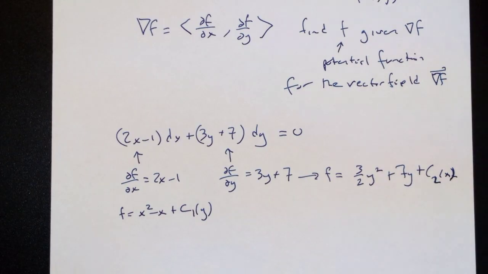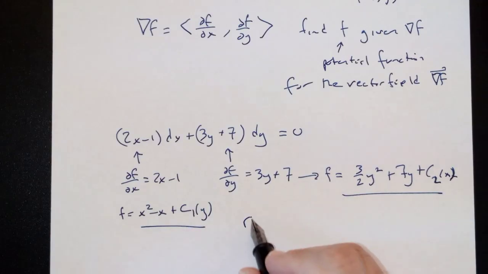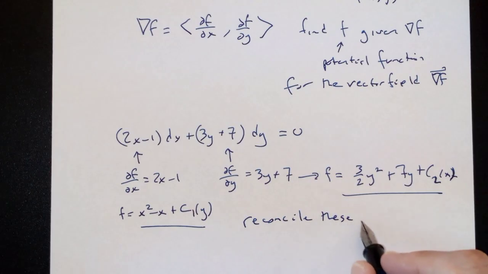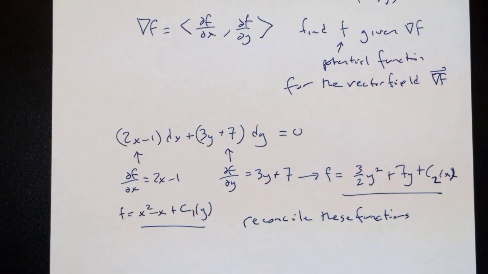Now, my question is, can I make these match? Is everything that appears in that function on the left somewhere in this function on the right? Is everything that appears in this function on the right somewhere in that function on the left?